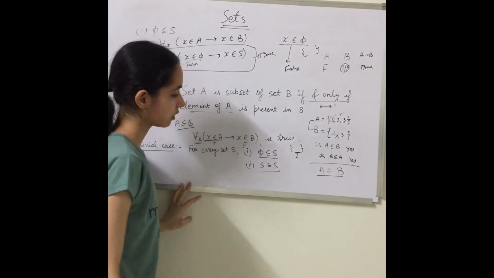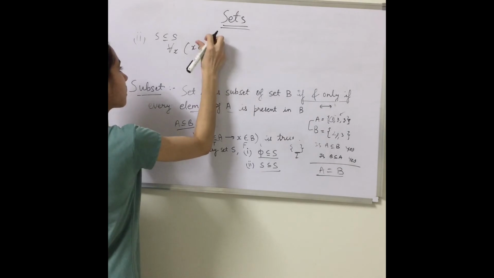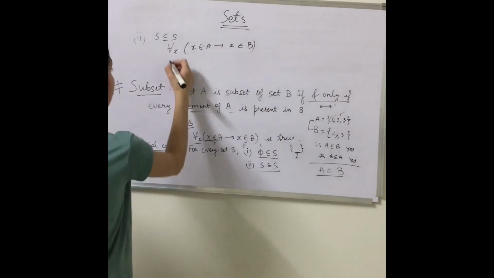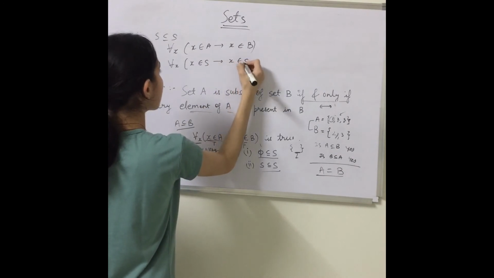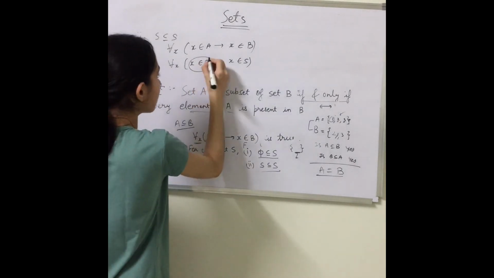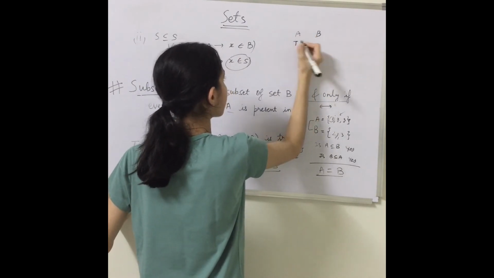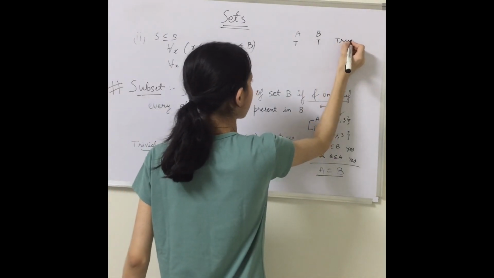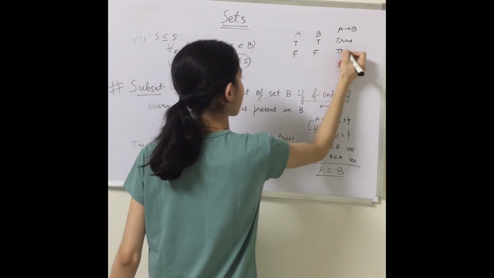Now the second one. Same method to prove it with the help of first order logic. Now see, it is very clear that this thing and this thing are the same. So how does implication work? If A is true and B is true, both are true in this case, so the implication is true. If both are false, then also the implication is true.